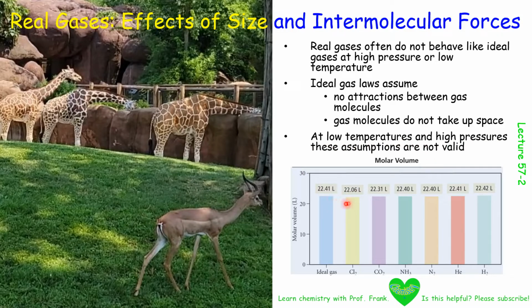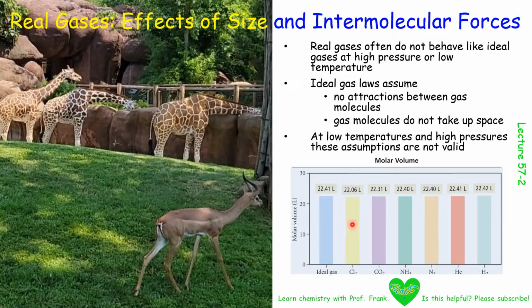You can take a look at the molar volume of different gases. For ideal gases, it doesn't matter what the identity of the gas is. At standard temperature and pressure conditions, 1 mole of any gas should contain 22.41 liters.